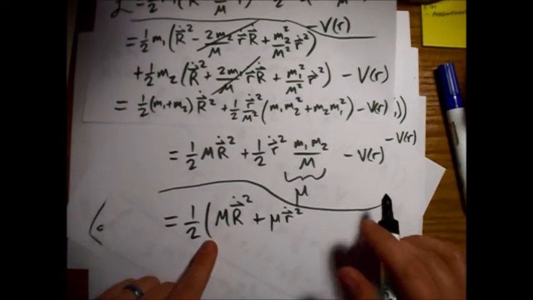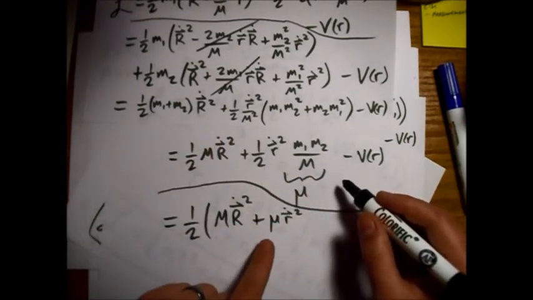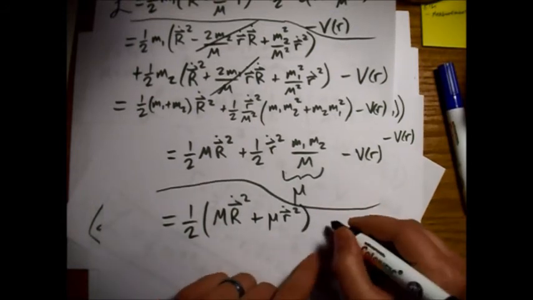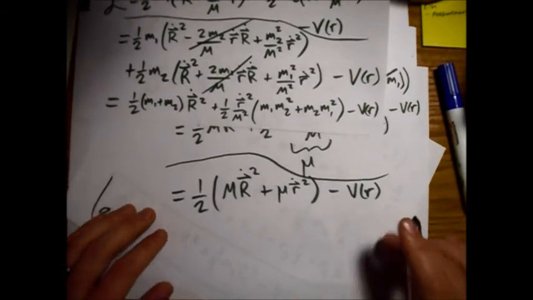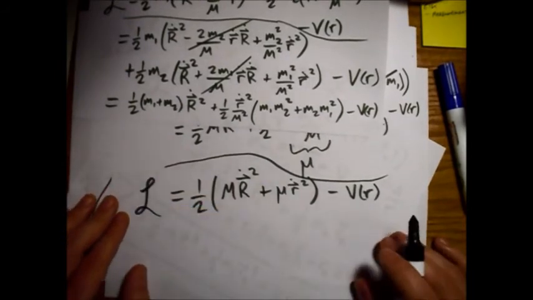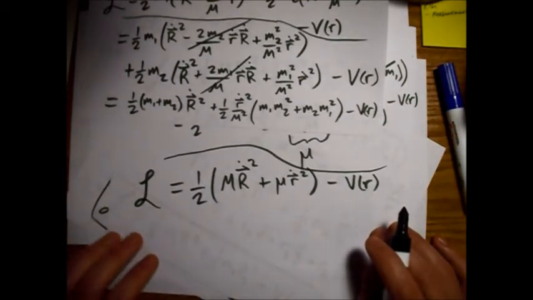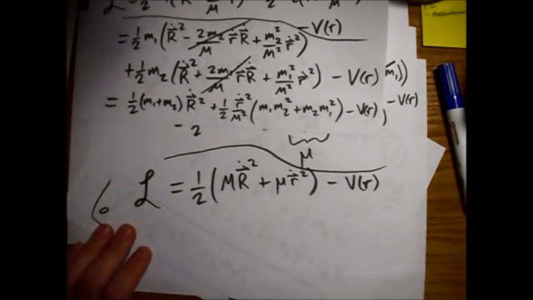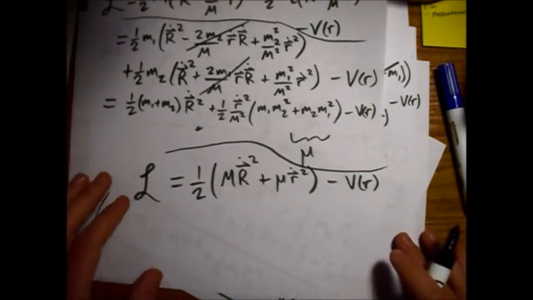I'll have to keep it straight. So here is the Lagrangian in our new generalized coordinates, which are much more convenient in some ways for worrying about these multi-particle systems.